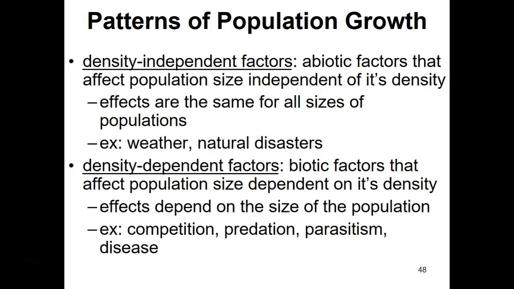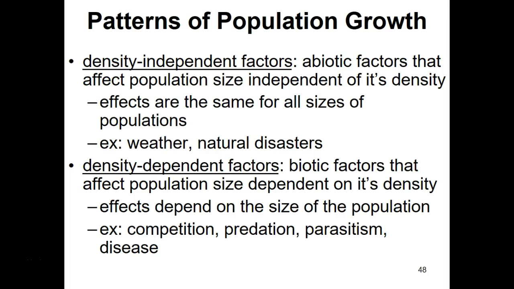There are density dependent and density independent factors that will influence our population size. Density independent factors are going to be things like the weather. It doesn't matter if we have a lot of organisms or very few organisms in our population.